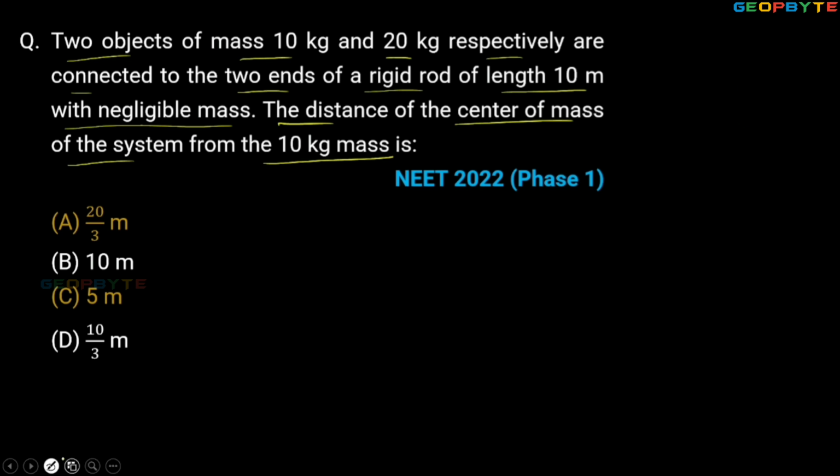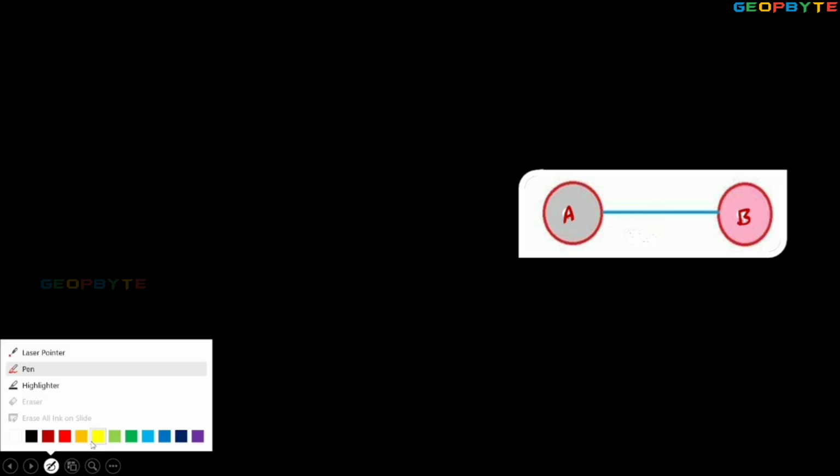Okay. For that, look at the arrangement. There is a rigid rod. The length of the rigid rod is given as 10 meters, L equal to 10 meters.